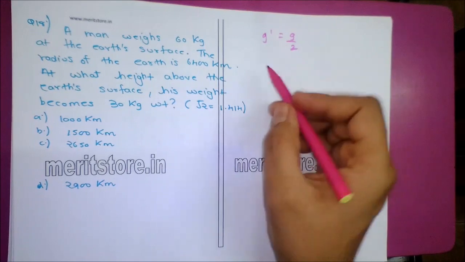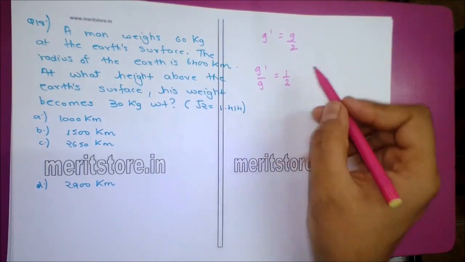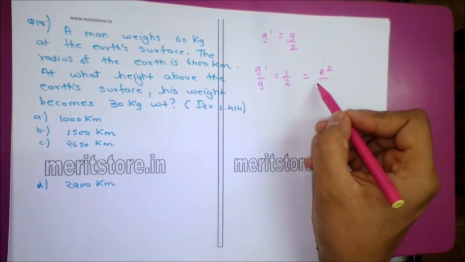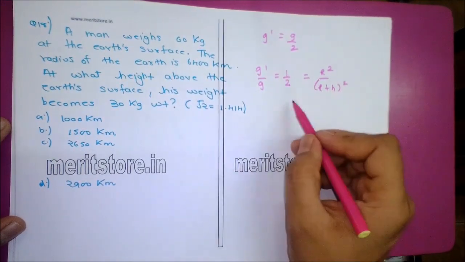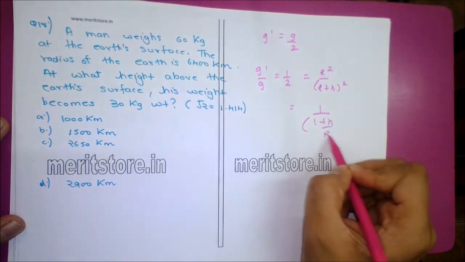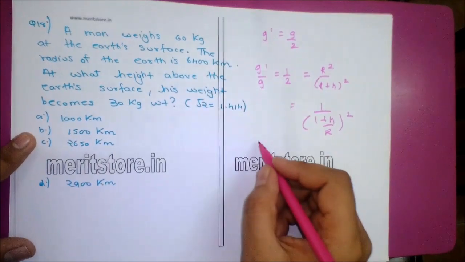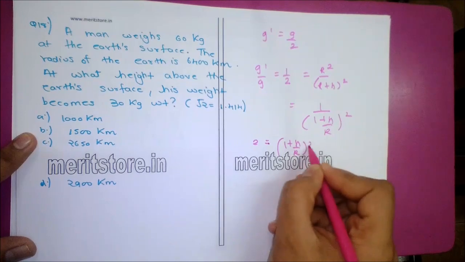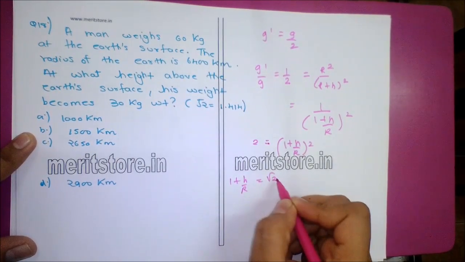So now we know that g dash upon g is equal to 1 by 2, which is equal to r square upon r plus h the whole square, taking r square common. So 1 upon 1 plus h by r the whole square. So now this can be written as 2 is equal to 1 plus h upon r the whole square. So 1 plus h upon r is equal to square root of 2.